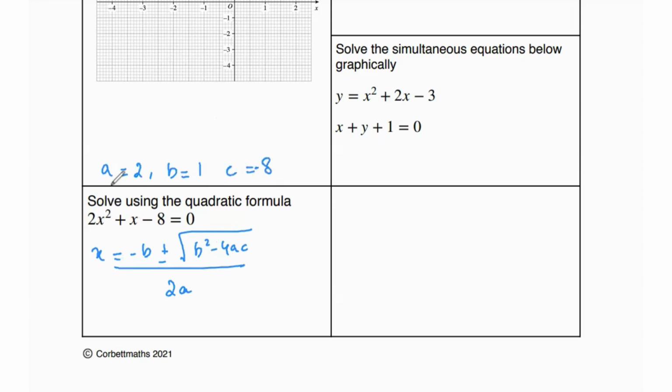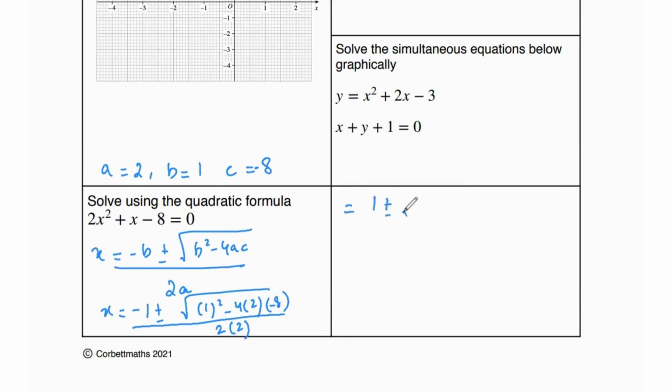As you can see, a is the coefficient of x squared, b is the coefficient of x, and c is the constant. So that's going to be negative 1 plus minus root of 1 squared minus 4 times 2 times negative 8, divided by 2 times 2.